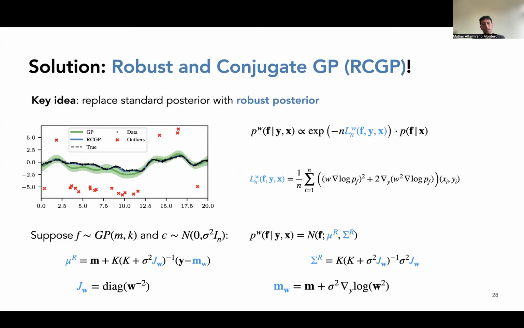If you do the same thing as before, you use this score matching base as your learning rule. So now your posterior is proportional to exponential of minus some loss function, and the loss function is this weighted score matching.